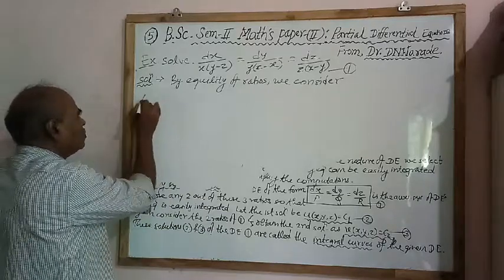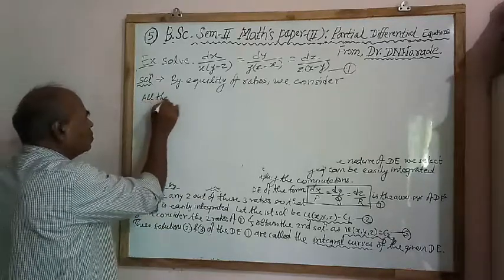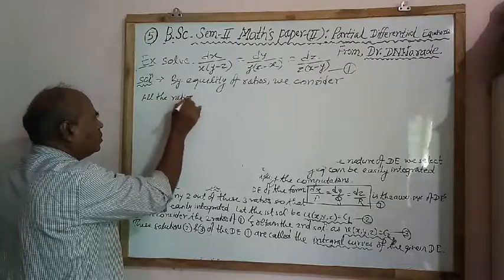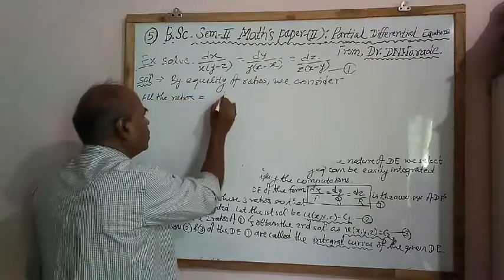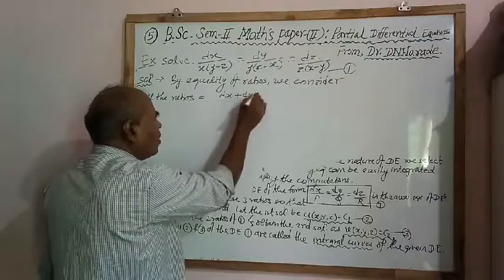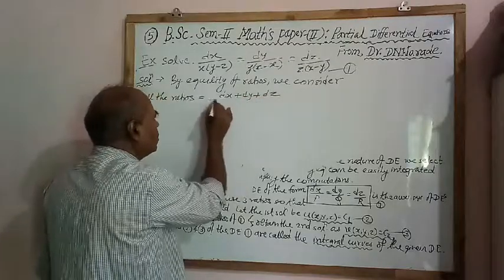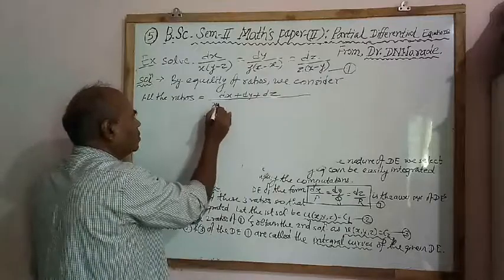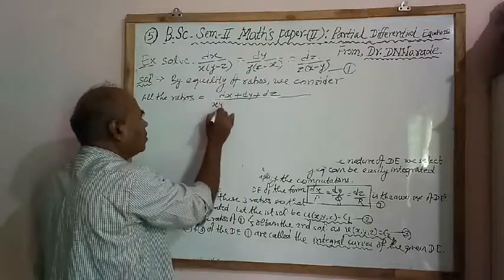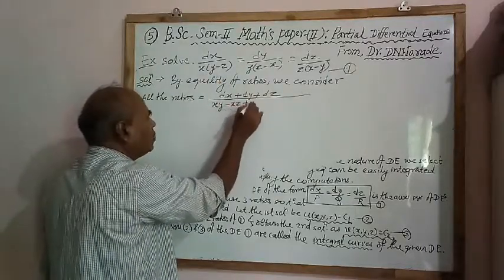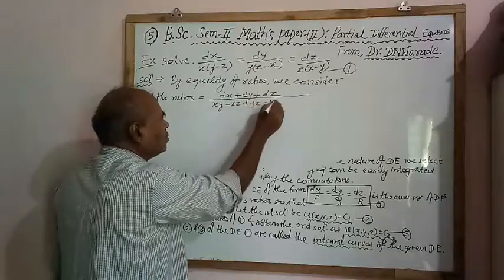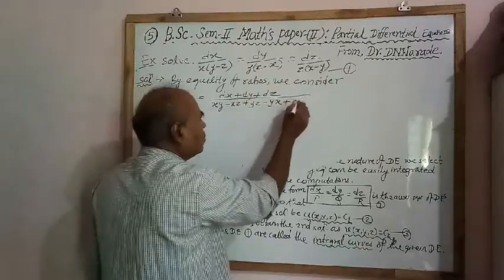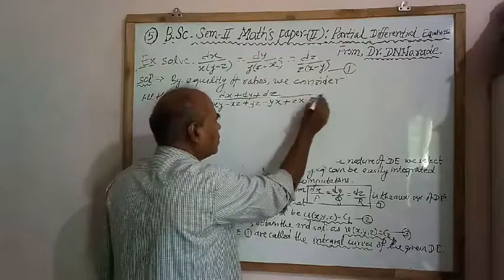Therefore, we write all the ratios equal to dx plus dy plus dz, adding the numerators and adding the denominators. Here we get xy minus xz plus yz minus yx plus zx minus zy.